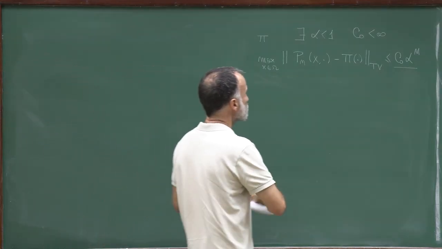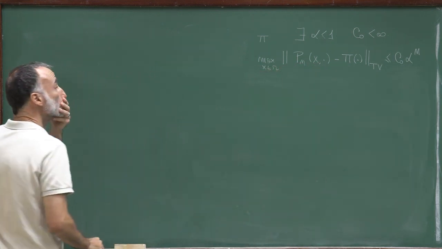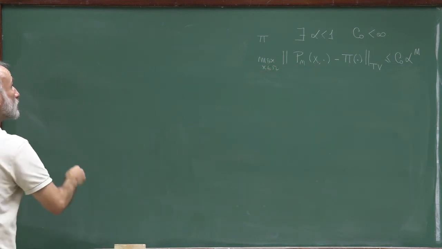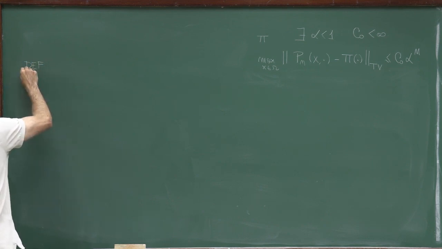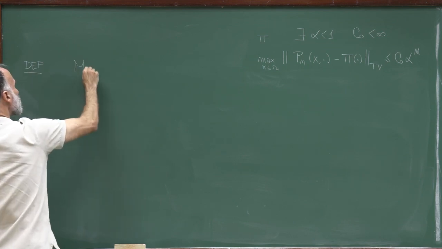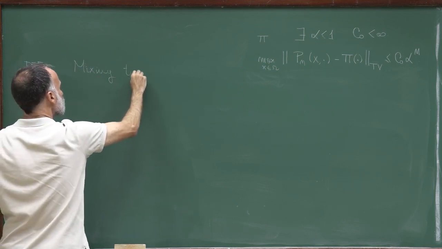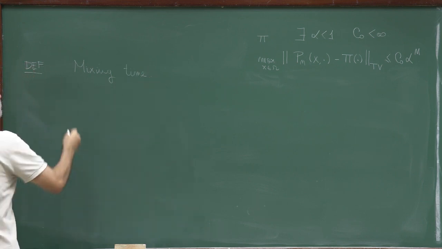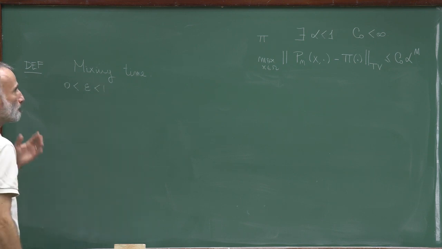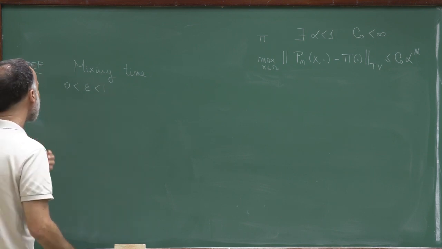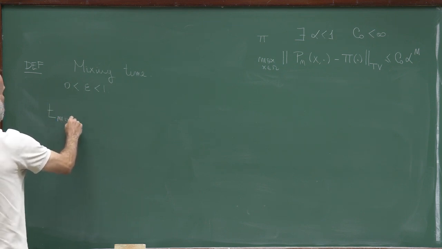So this is the result we just proved, and in view of that, we will define what's called the mixing time. Fix an epsilon between 0 and 1, and I will define the epsilon mixing time, T mixing epsilon.